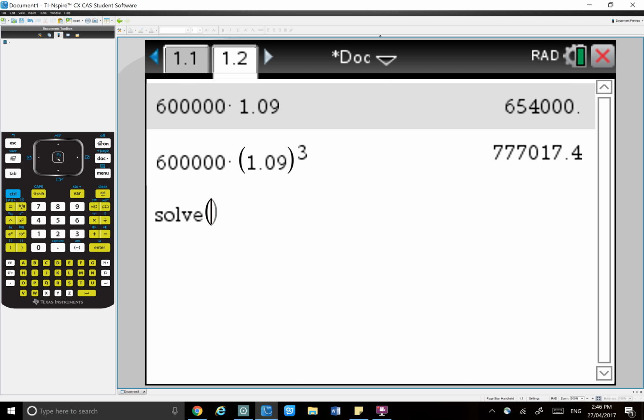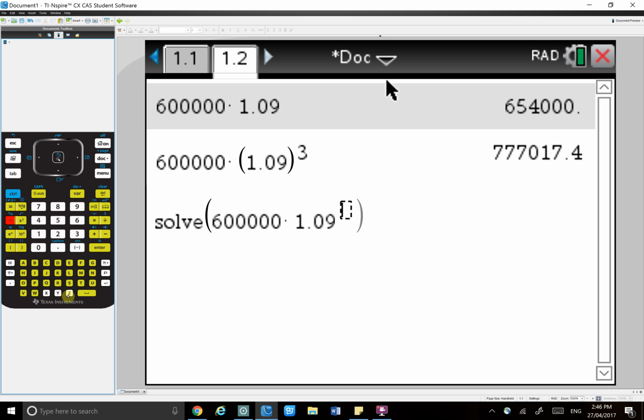Solve for 600,000 times 1.09 to the power of n, where n is here, equals 900,000.